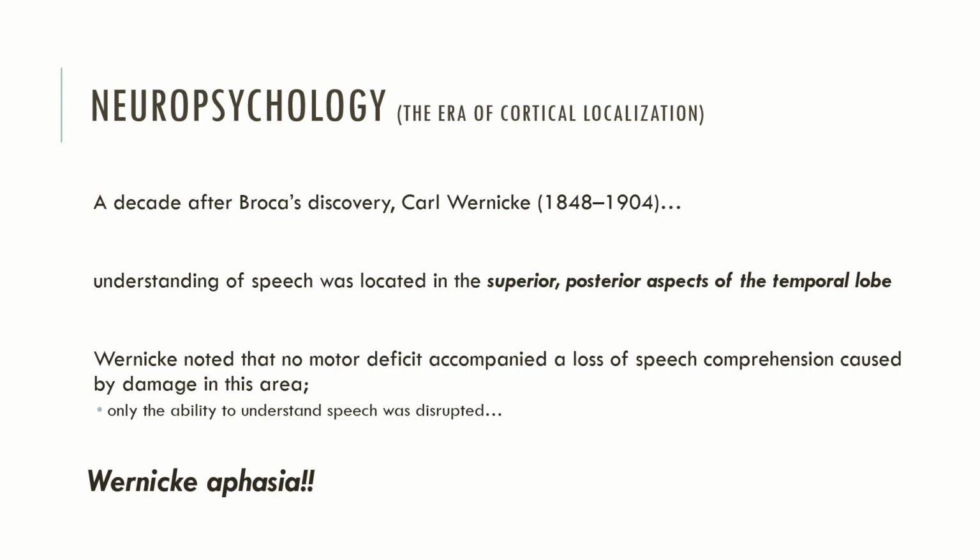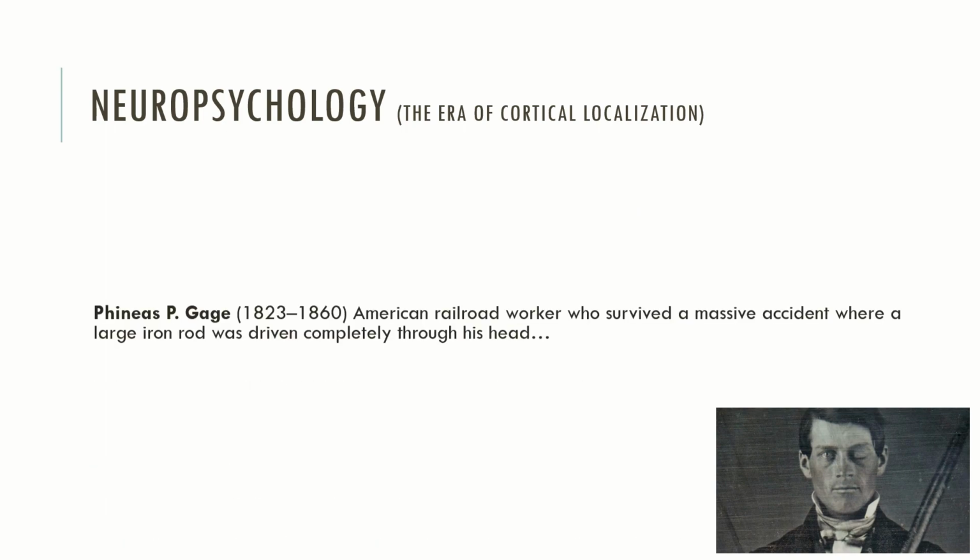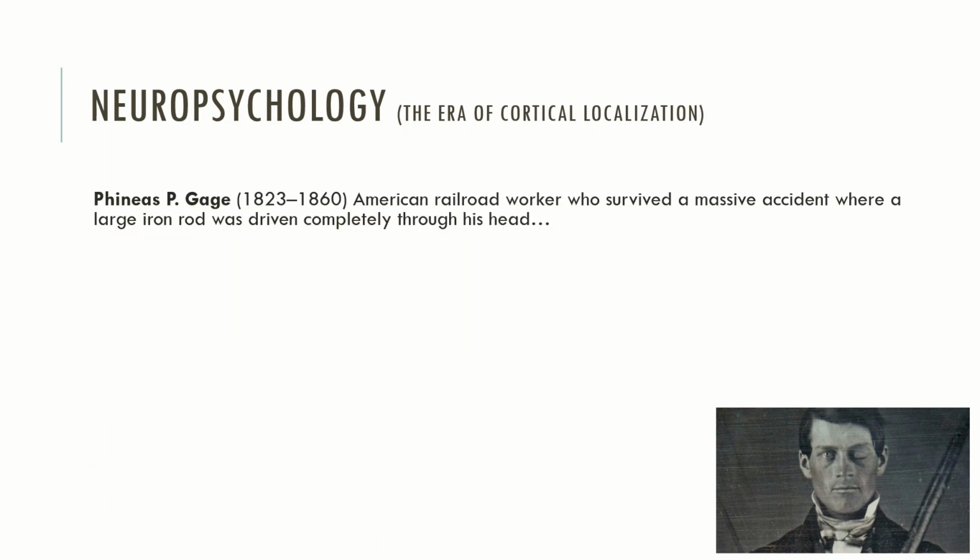Another patient that was very important to understanding cortical localization of brain functioning was Phineas Gage. Phineas Gage was an American railroad worker who survived a massive accident where a large iron rod was driven completely through his head. This iron rod destroyed much of his brain's left frontal lobe, and Gage recovered from this accident.